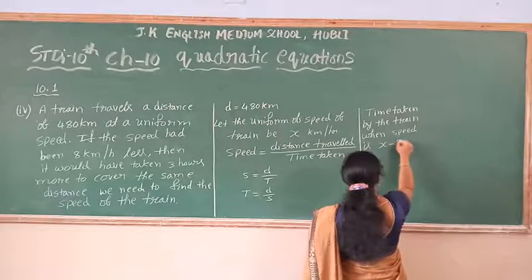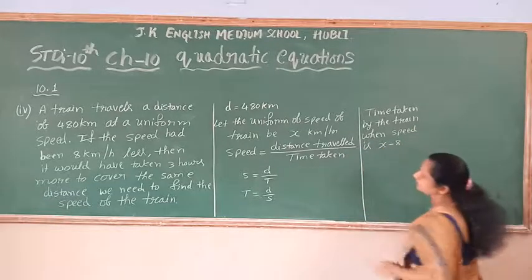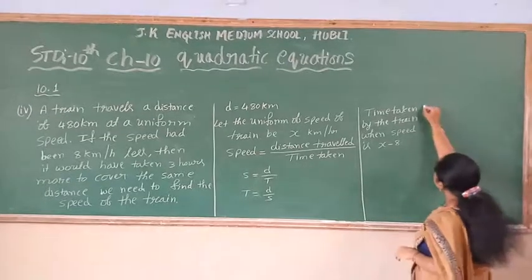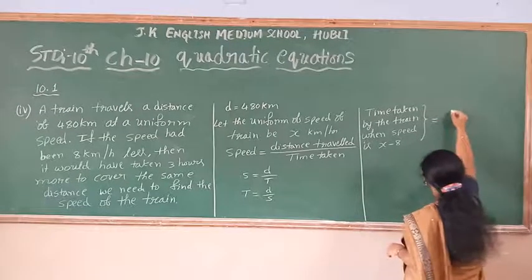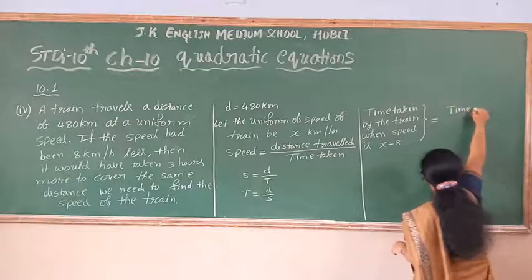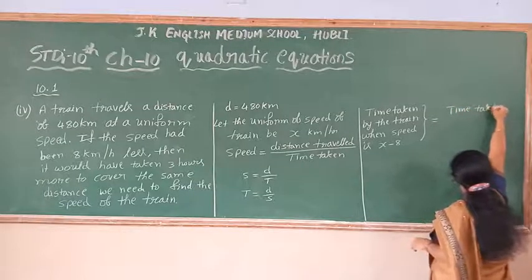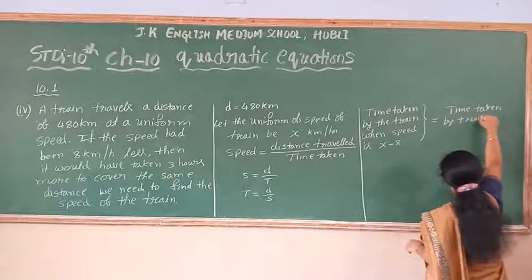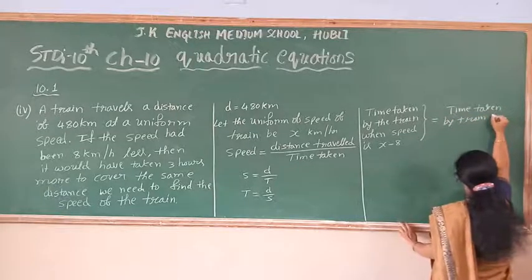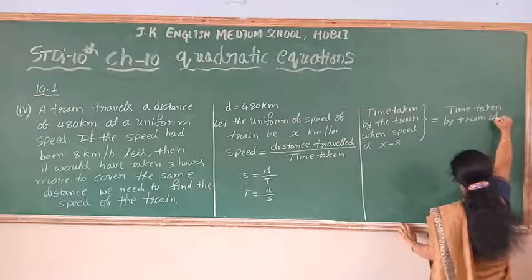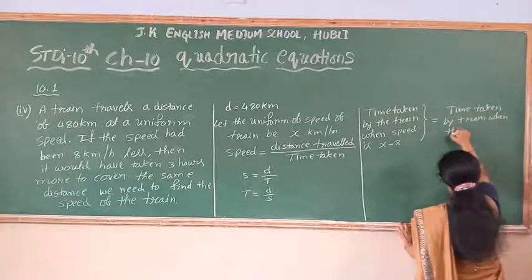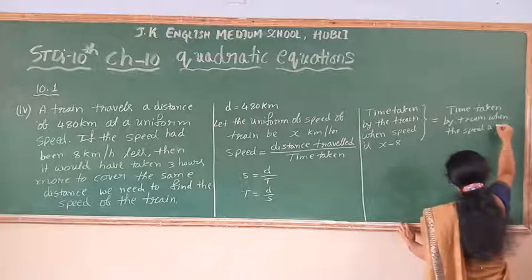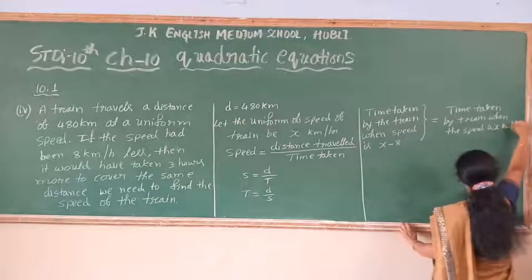x minus 8 kilometer per hour, 8 kilometer less, is equal to time taken by the train when the speed is x kilometer per hour.